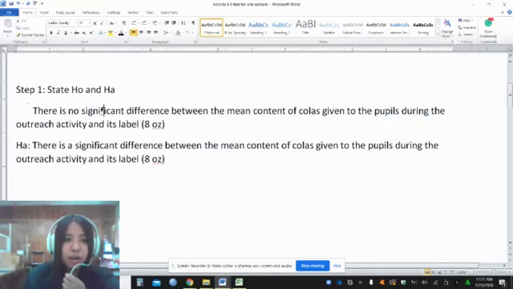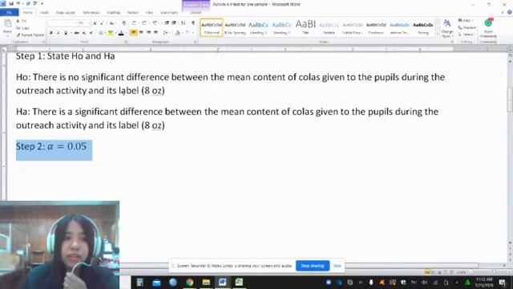Our null hypothesis is there is no significant difference between the mean content of colas given to the pupils during the outreach activity and its label, while the alternative is there is a significant difference between the mean content of colas given to the pupils during the outreach activity and its label. These are examples of two-tailed because we did not consider that one is higher or lower than the other.